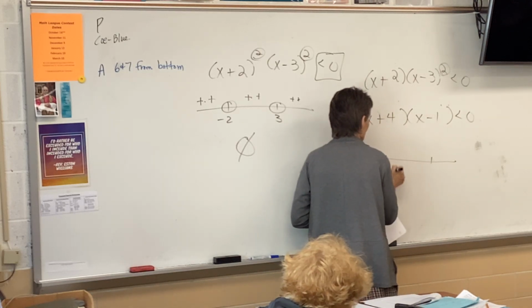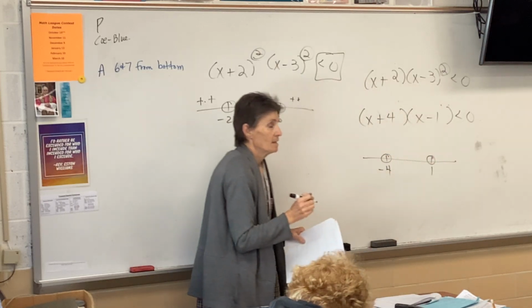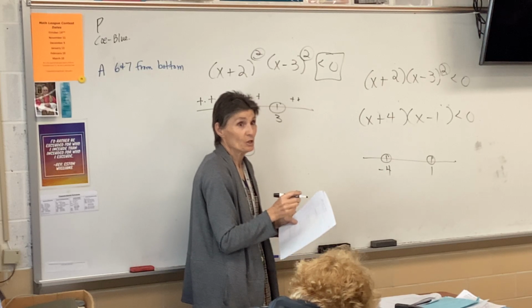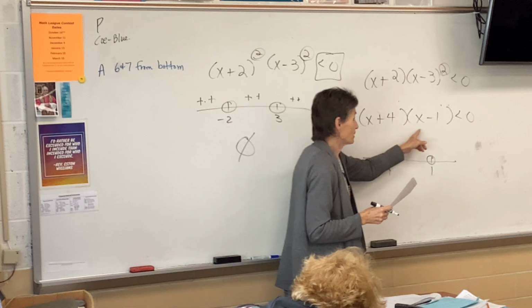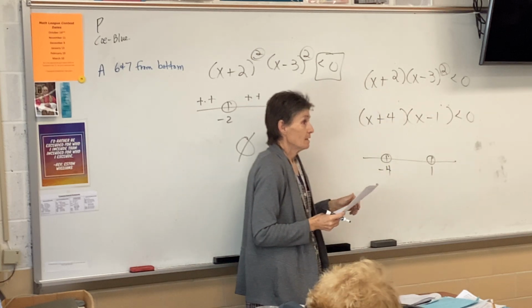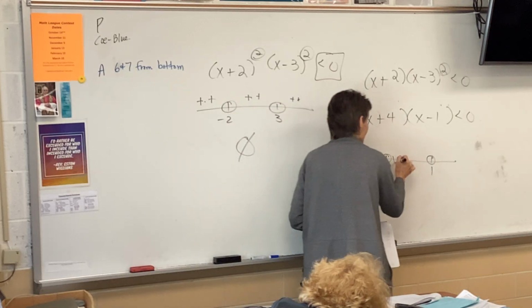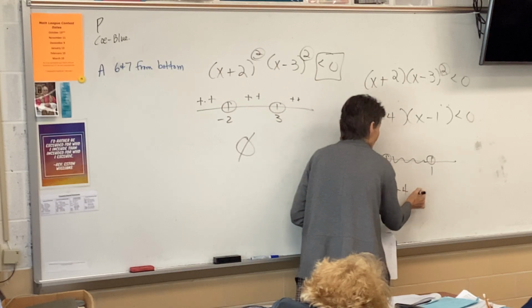So I've got a -4 and a +1 and no squares. That's good news. What's Caden's little trick? This is a less than, and less thans are going to get shaded in the middle. So my answer is -4 to 1.